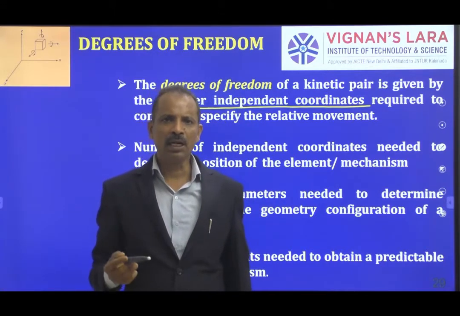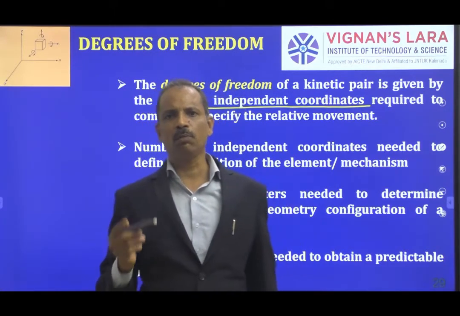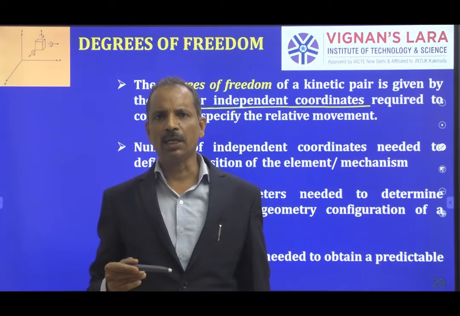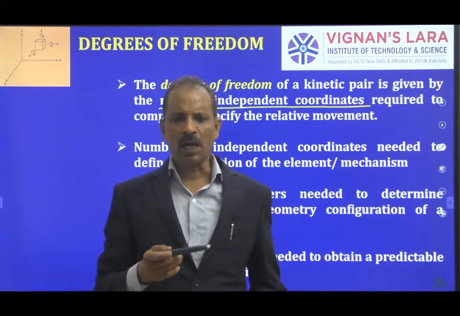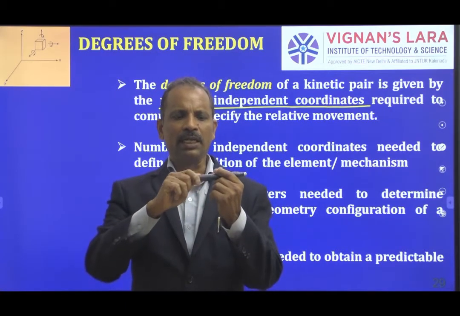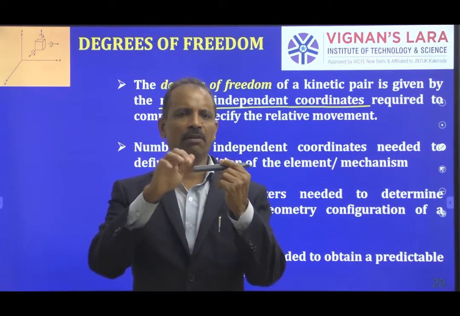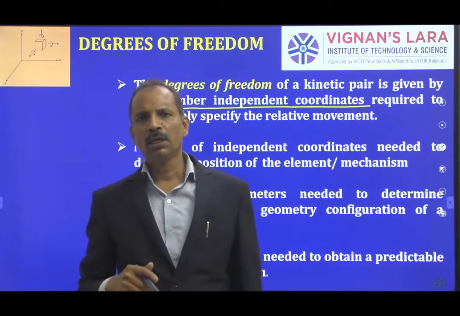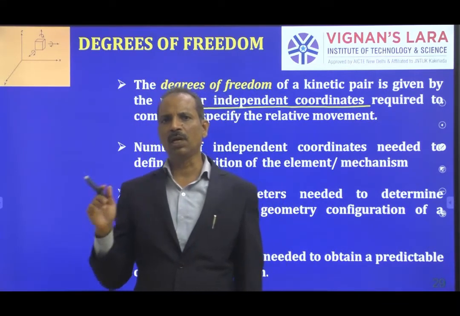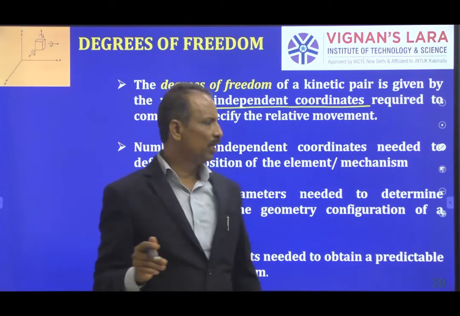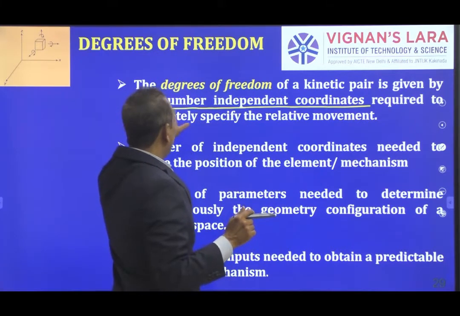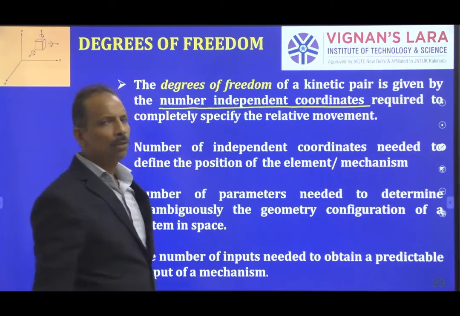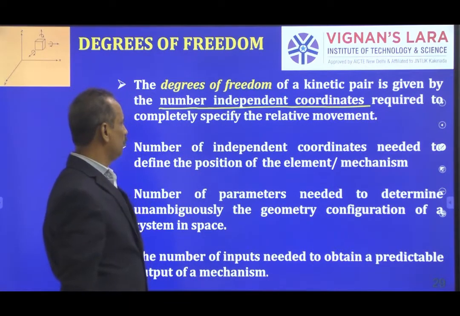But we cannot say they are two different motions, because unless you rotate it, it will not slide. Unless you roll the nut and bolt, it will not slide. So there they are dependent motions. It is connected with one motion to the another motion. That's why we have to focus on independent, not dependent. Independent coordinates are required to completely specify the relative moment.